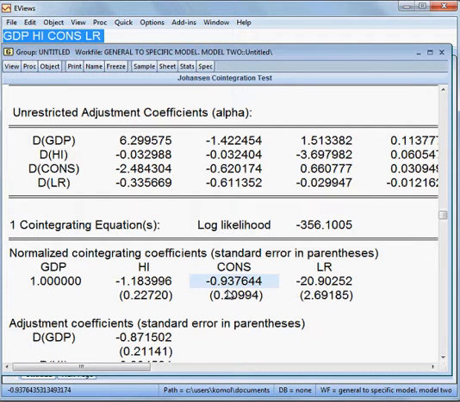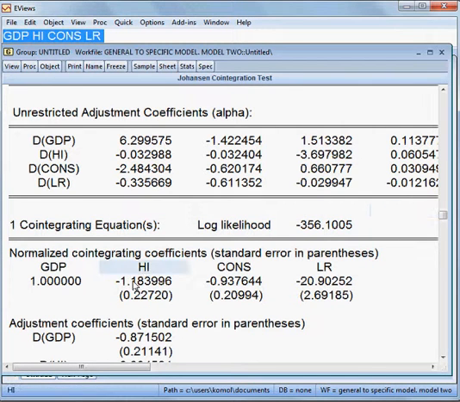This one is the coefficient of this variable, and this one is the standard error, and also this one is the coefficient, and this one is the standard error. So the whole model is actually called the long run model, or the long run association.